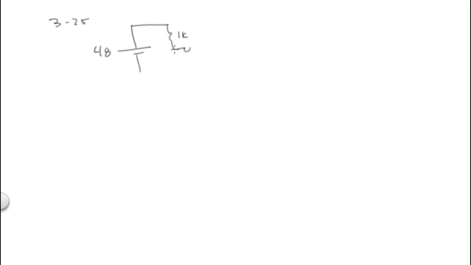And I've got 2K down here. And over here, I've got 6K. And I've got 3K. So I want to make this the maximum. So make it as big as possible. This has to be bigger than that.